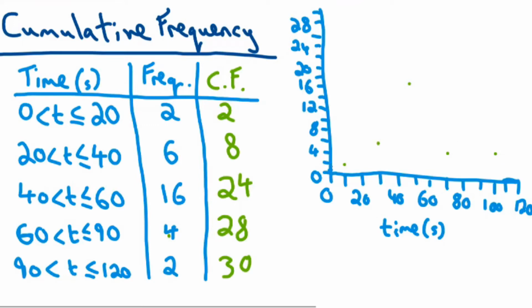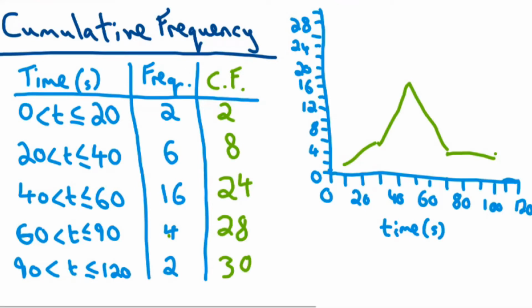And then this would be the setup for a frequency polygon, where you just join up your lines. A frequency polygon is something different, its own concept. You just plot the frequency on the axes and you join up the dots.